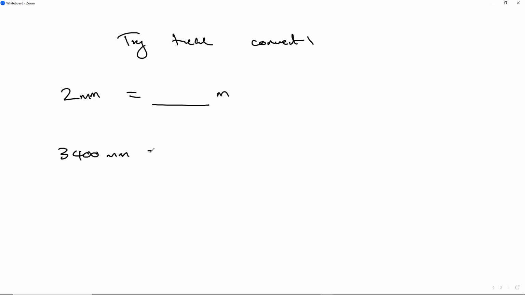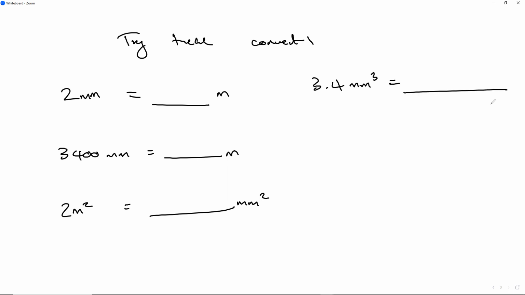All right, let's see if you can try some of these. I want you to convert the following. I want you to convert 2 millimeters into meters, 3,400 millimeters into meters, 2 meters squared into millimeters squared, 3.4 millimeters cubed into meters cubed.